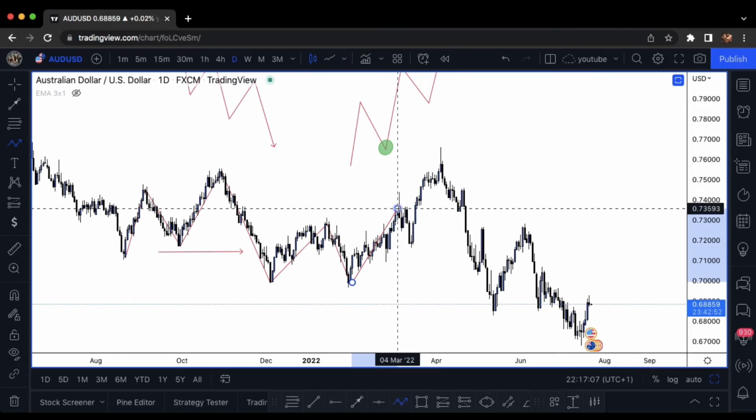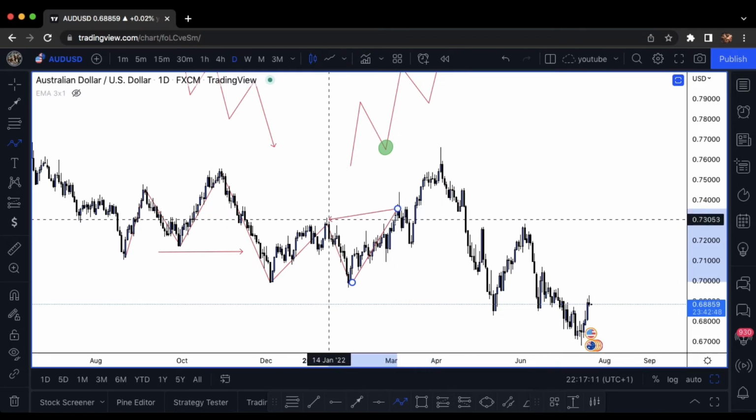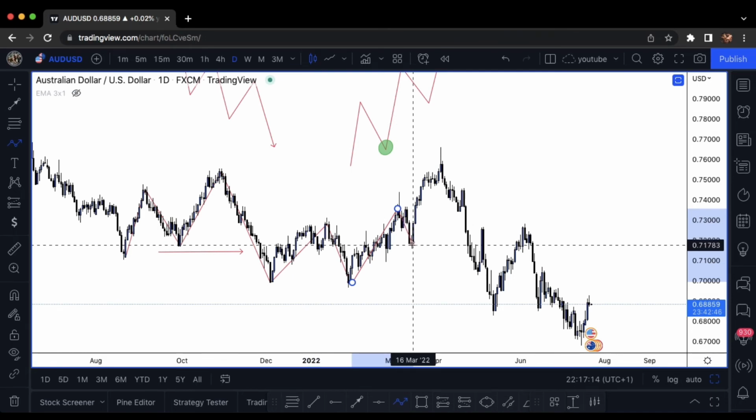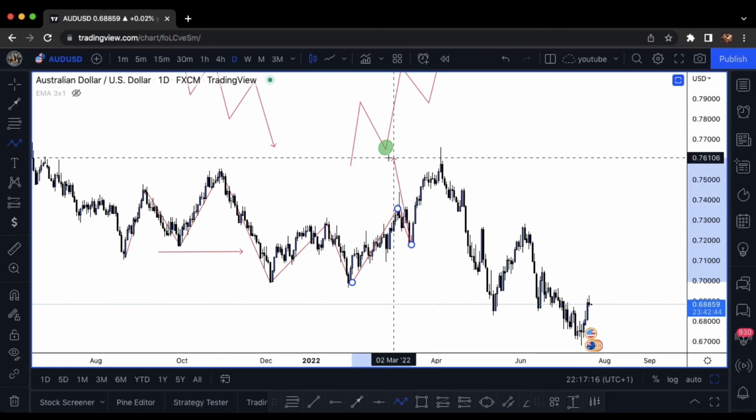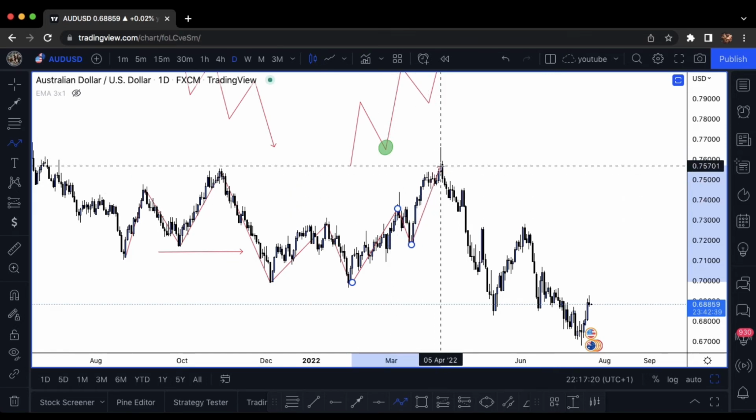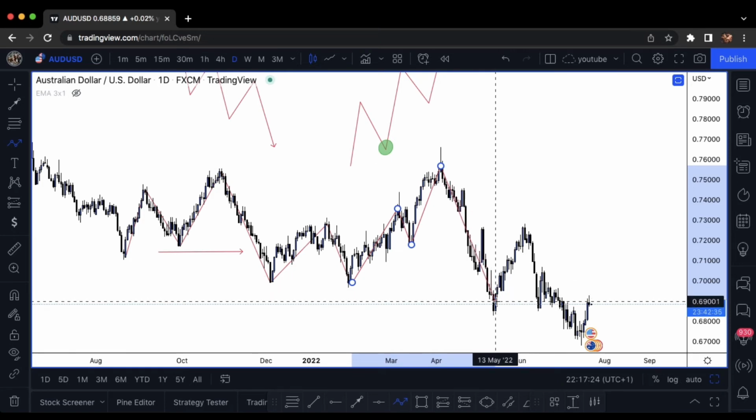It made a high, break of structure. We see how this high is higher than this high, then came back down, made a what? A higher low. Remember what I said here, we need to be entering buys on an uptrend on the higher low to take it long, to make a higher high. Boom. Then we have another break of structure. See how the market keeps on moving from bearish to bullish, from bullish to bearish.